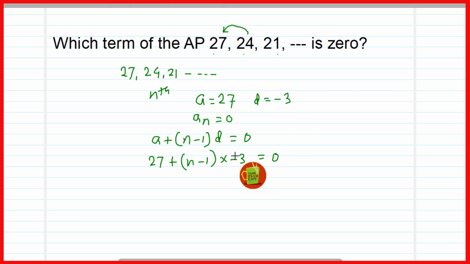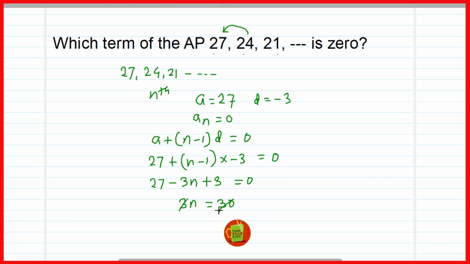Now multiply by minus 3 inside the bracket, so that will be 27 plus, minus 3n, and minus and minus will be plus 3, which is equal to 0. So 27 plus 3 will be 30, and therefore 3n is equal to 30.